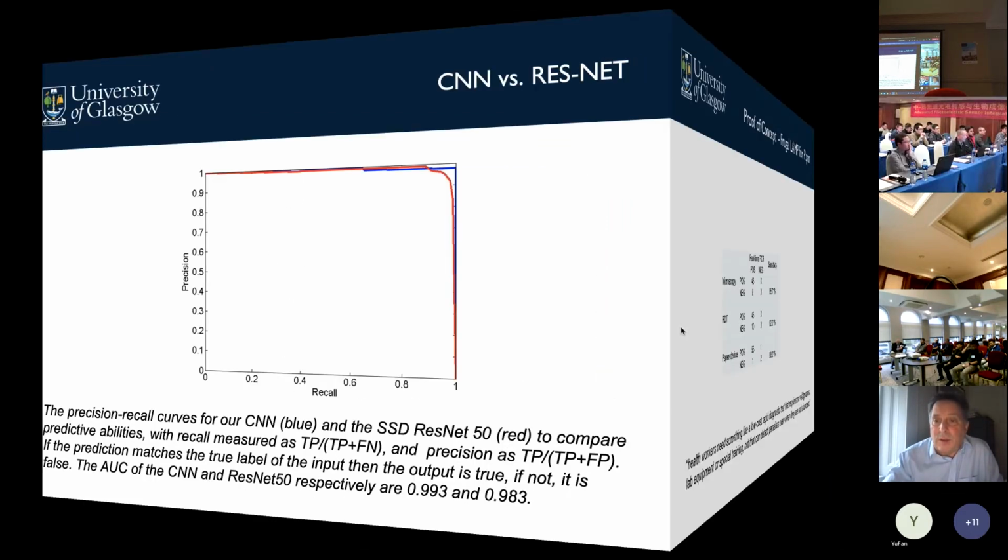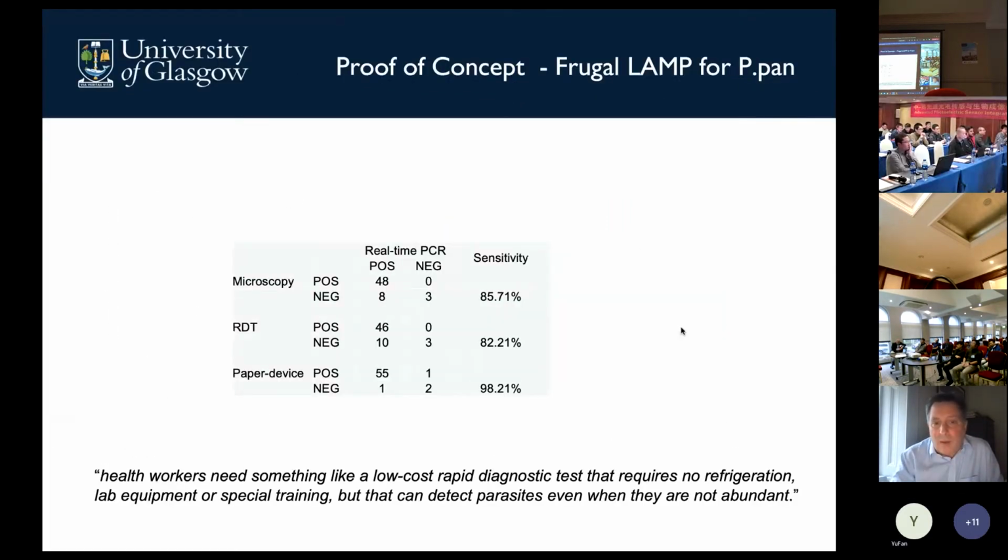And here you see some very nice proof of concept data that we had, just comparing some of the different techniques that can be used for malarial diagnosis. So the standard technique that was used broadly was the so-called Giemsa stain with light microscopy, where you're looking for the parasites within the blood sample.